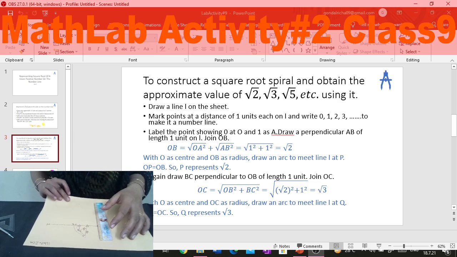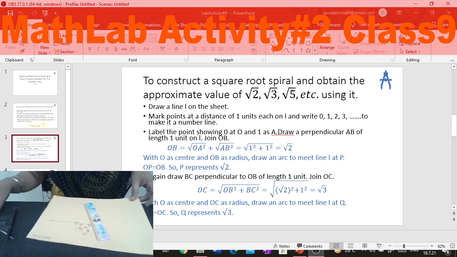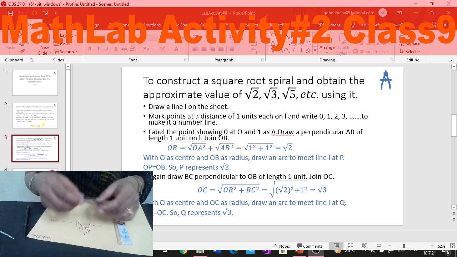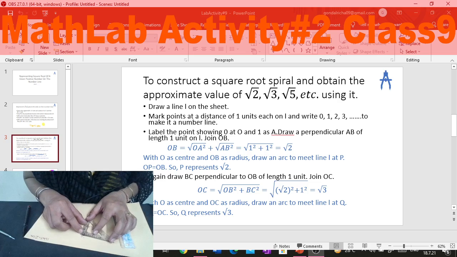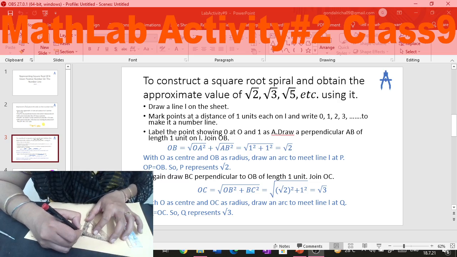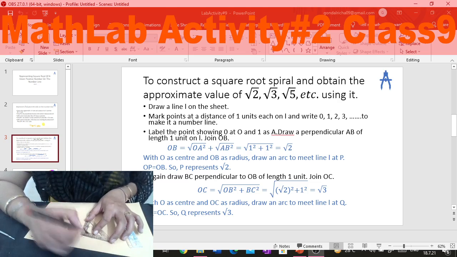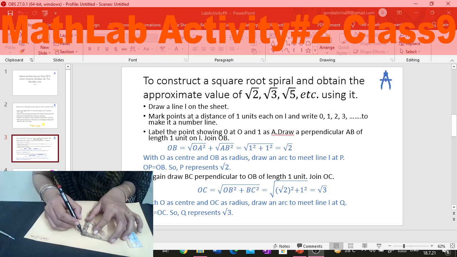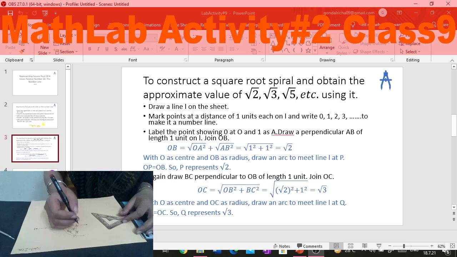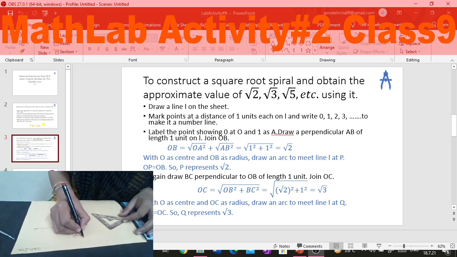Like this, you can move in this manner again and again, drawing the perpendicular of 1 unit as per your scale. Whatever scale you have chosen, you can draw the perpendicular and move on in this manner. So here at C, again I have drawn a perpendicular CD.